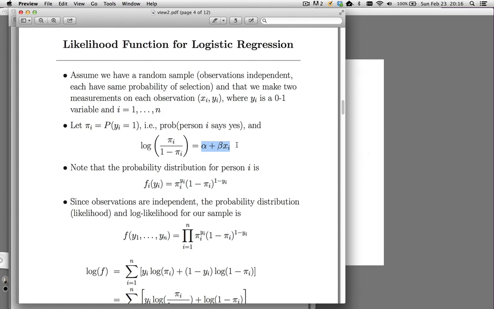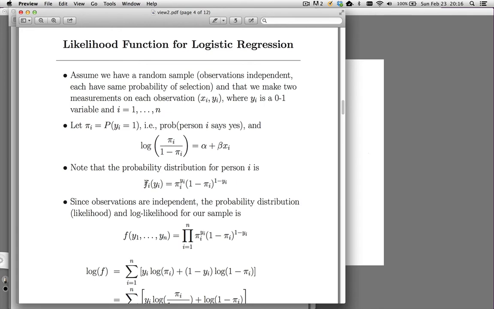Now let's write out the probability for a single person. So the probability that we observe some value y for person i is just going to be whatever this person's probability of a yes is, raised to the y, times 1 minus pi, raised to 1 minus y.